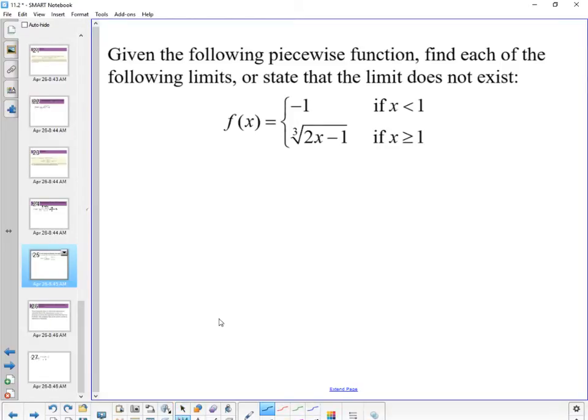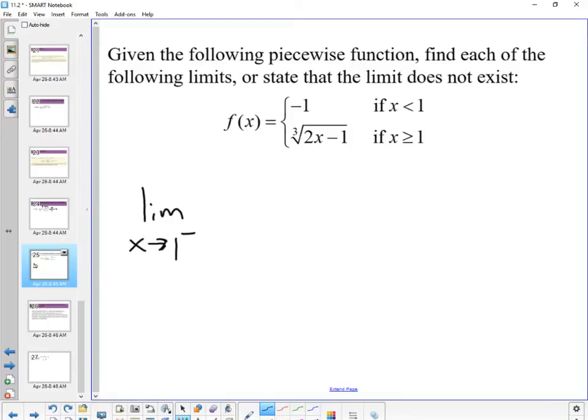Time for some challenge. Got it. Please no. Please find me the limit of this piecewise function as x approaches 1. Sorry, 1, not -1. 1 from the negative side. Oh, I know what it is.